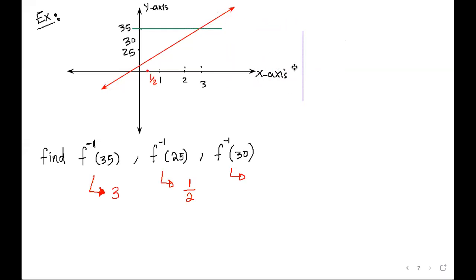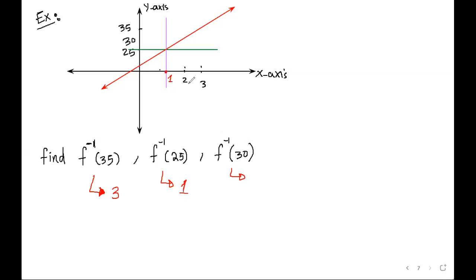It has to be 3, like this. At 25, here is 25. It's supposed to be half, 1/2. Like around, it's not a half, it's 1. Here it's 1. I'm going to change this one here. This is 1.